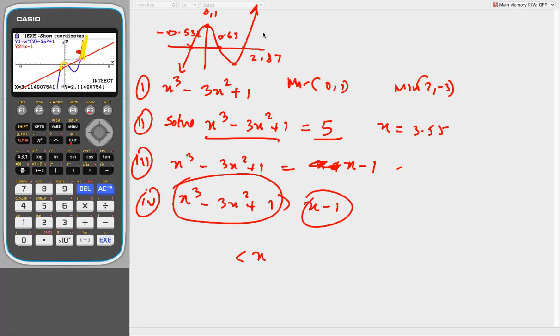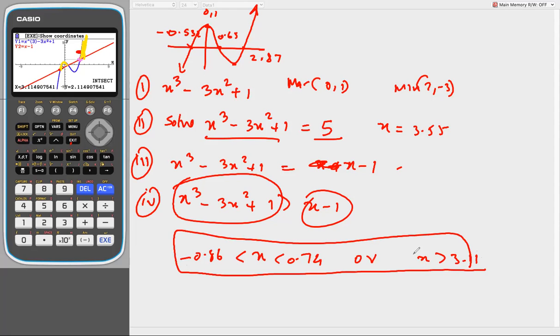This point was negative 0.86 to 0.74. So x should be between negative 0.86 and 0.74, or x should be greater than the next intersection, which is 3.11. So this is the general solution of this particular inequality.